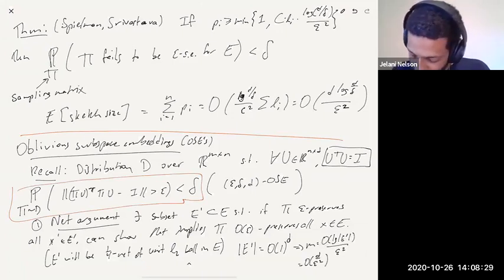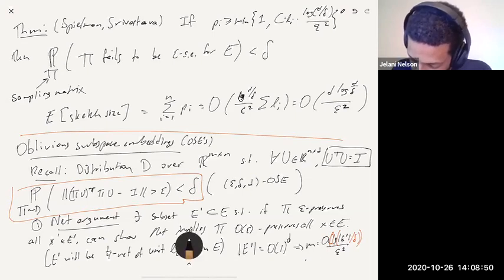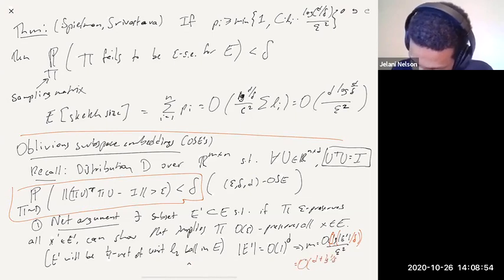Then I should actually say that this should really be log of the size of E prime over delta. And then this will be big O of D plus log 1 over delta over epsilon squared.